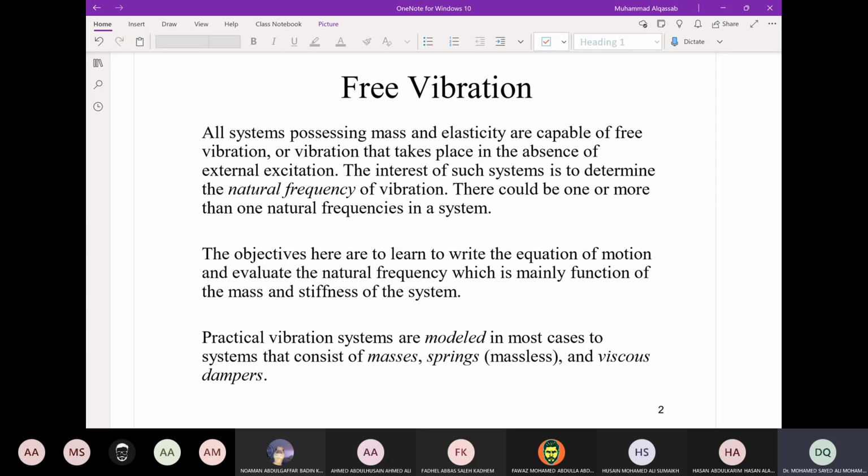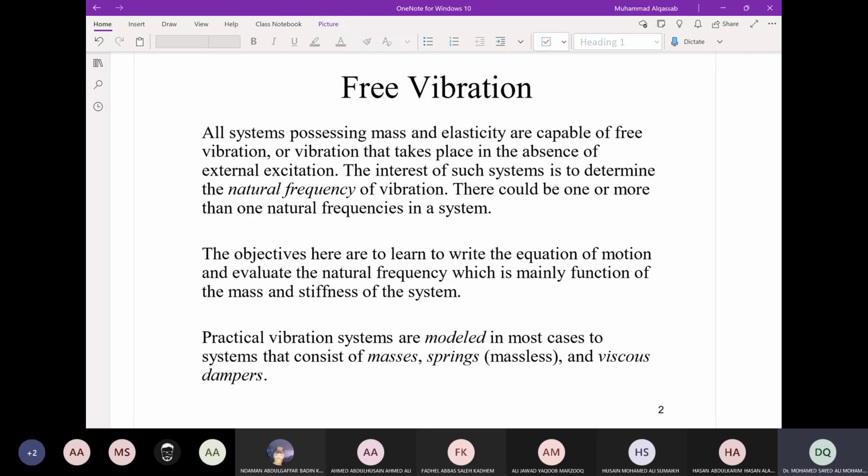Also in practice, if there is a suspension that is expected to vibrate at its natural frequency, then they measure the vibration under free vibration, and then they measure the natural frequency.